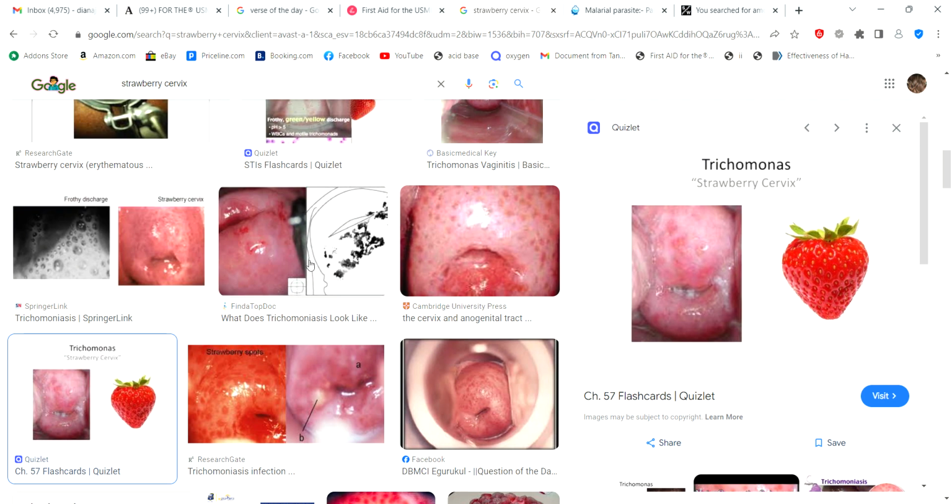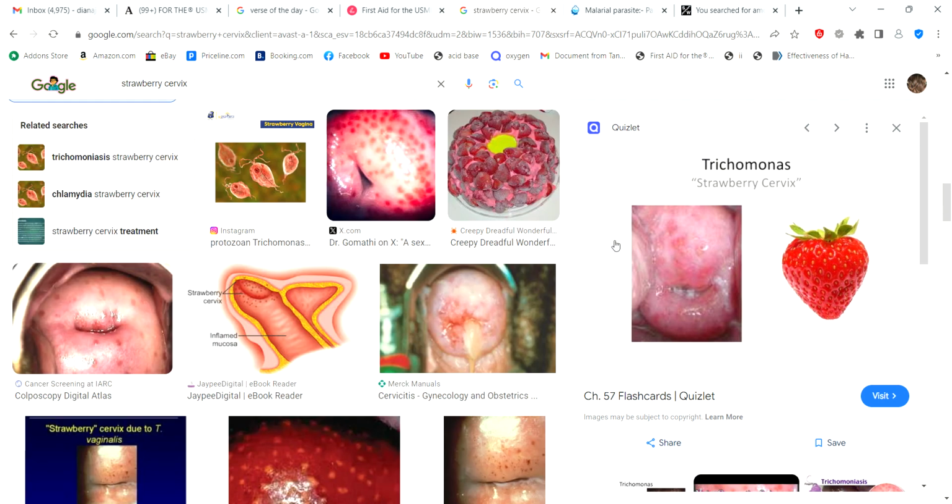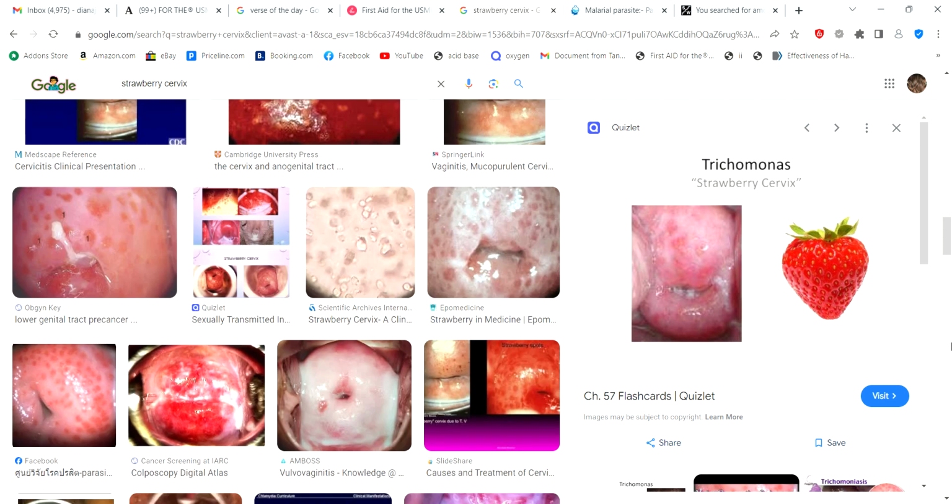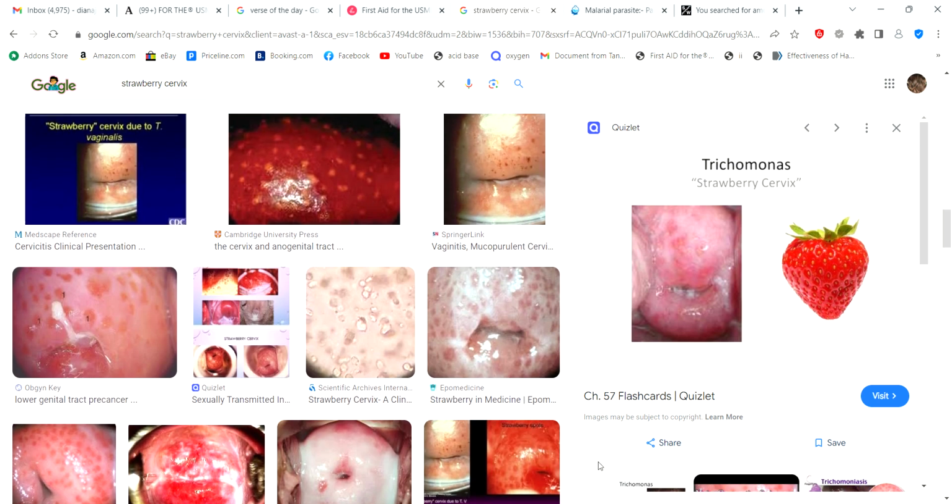That's why they call it strawberry cervix. Don't forget, okay? That's like a buzzword. Strawberry cervix.